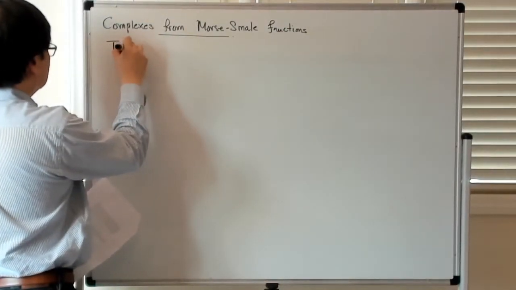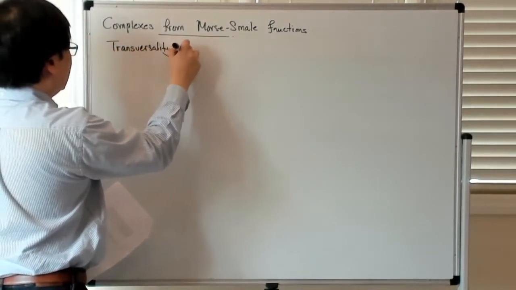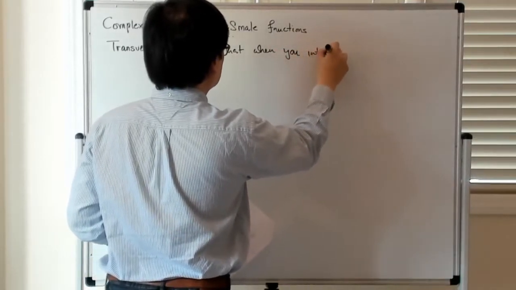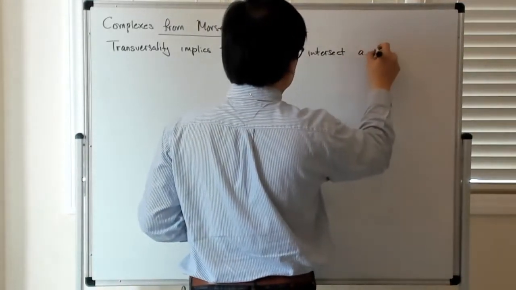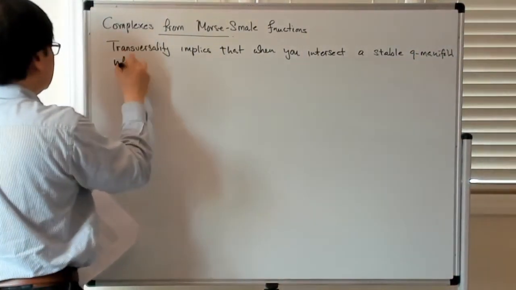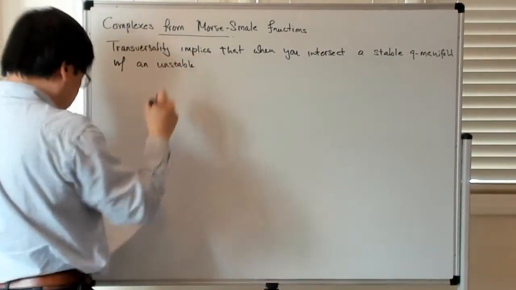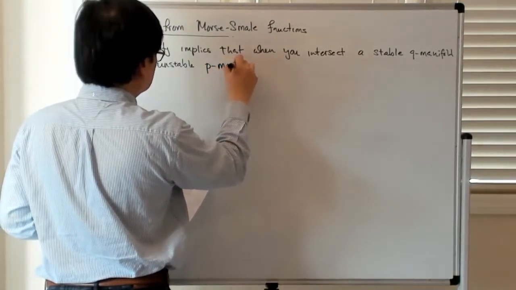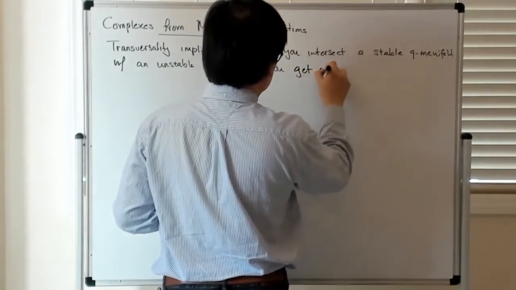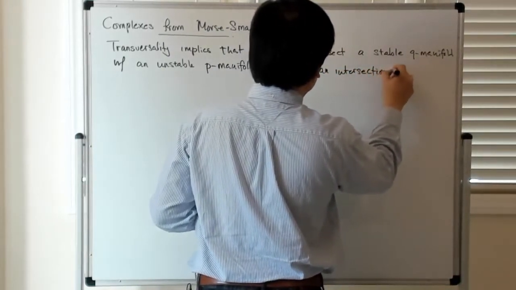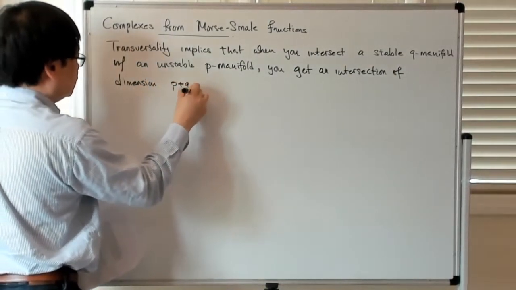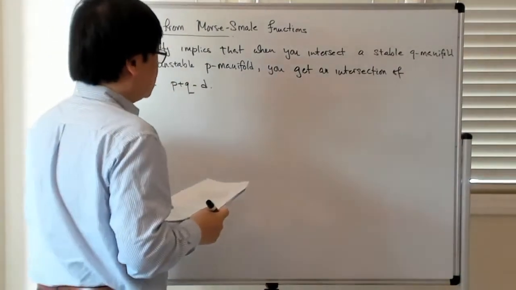Transversality implies that when you intersect a stable Q manifold with an unstable P manifold, you get an intersection of dimension P plus Q minus D.